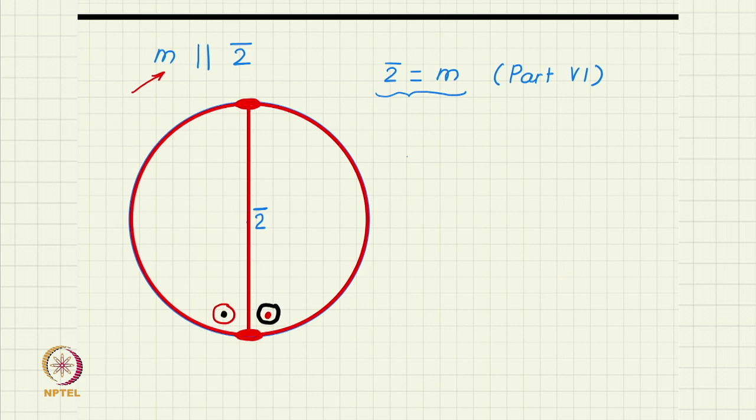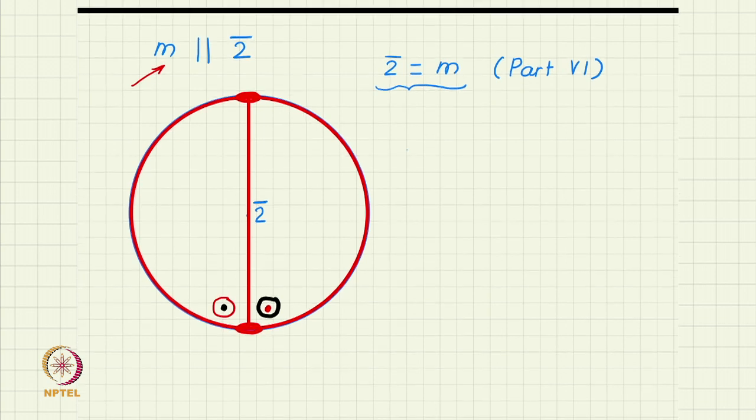So, this is a two-fold axis. Really, what we have got in this group is a two-fold axis with two perpendicular mirrors passing through it. You can remember that this is the point group which we call mm2, two mirrors intersecting and giving a two-fold axis.